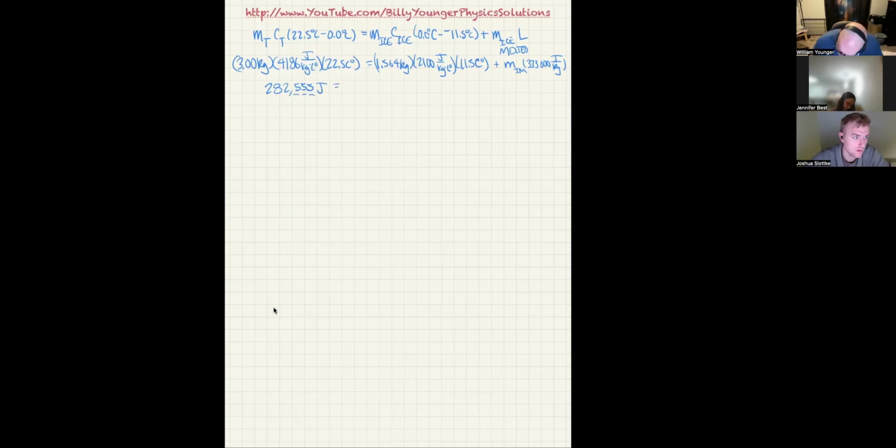That's going to be equal to 1.564 times 2100 times 11.5. And this gives me 37,770.6 joules, which is a number that should look familiar to us.